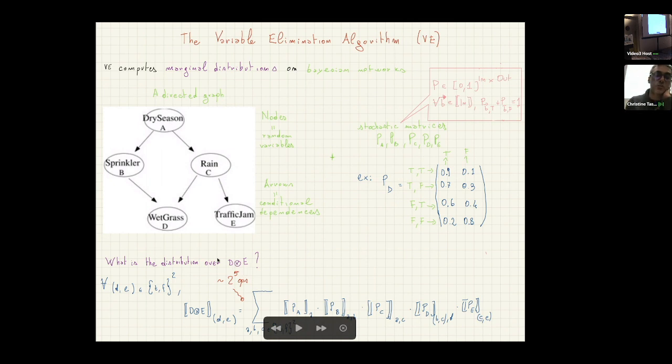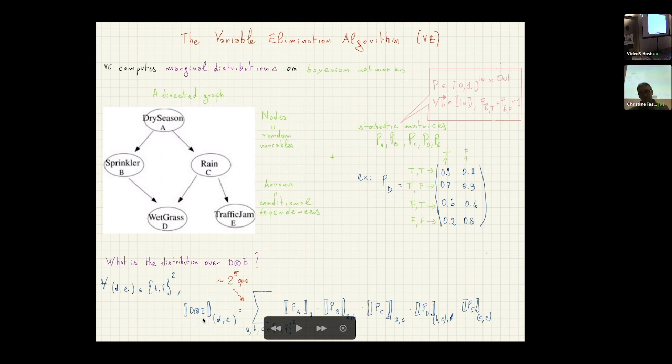So, for example, if you want to describe the joint distribution of D and E, a naive way of doing that is to multiply all stochastic matrices associated to the different nodes of the graph, and then to sum out the variables that we are not interested in. So here we have this multiplication, and here we are summing out A, B, C, the three variables we are not interested in. And this gives a vector giving the joint distribution of D and E.